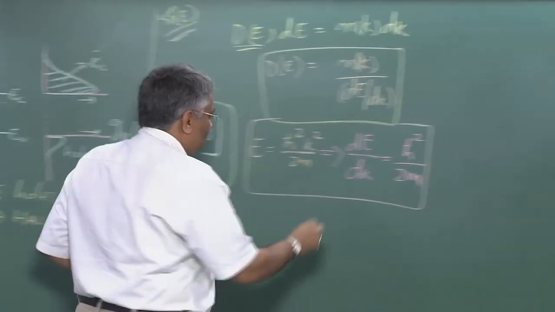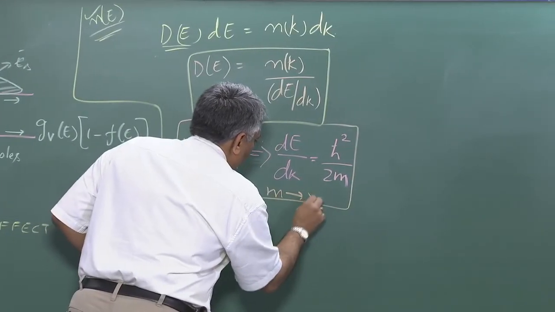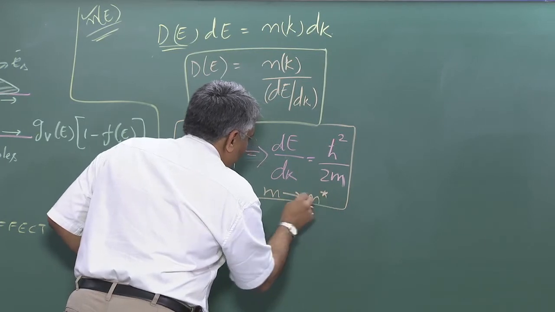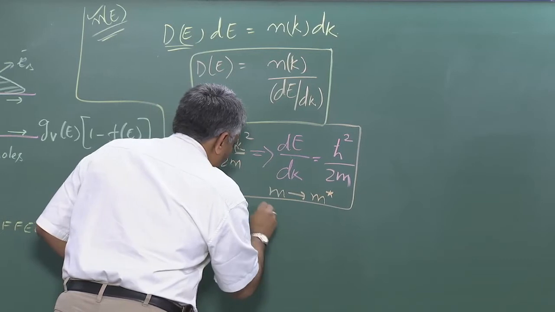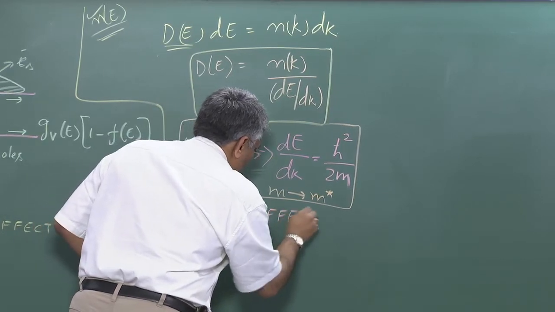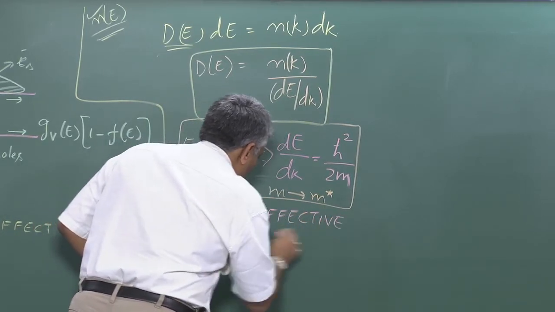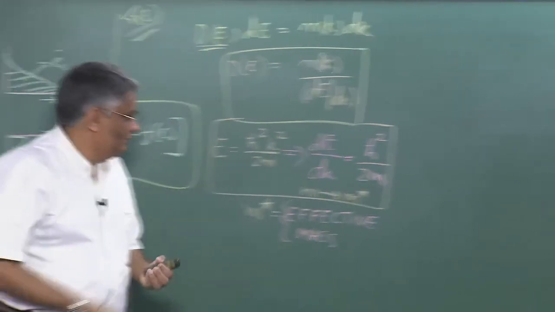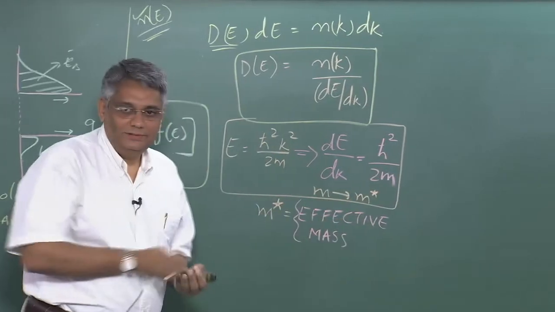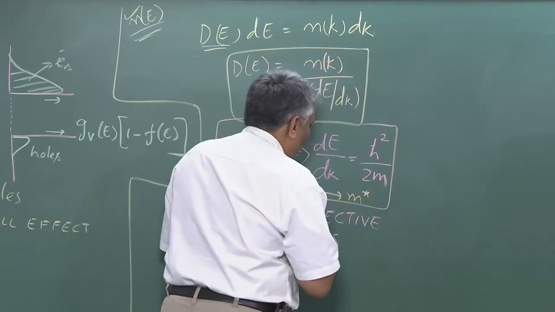Now, for all practical purposes, I would like to represent this mass as m star, which is the effective mass of the electron.